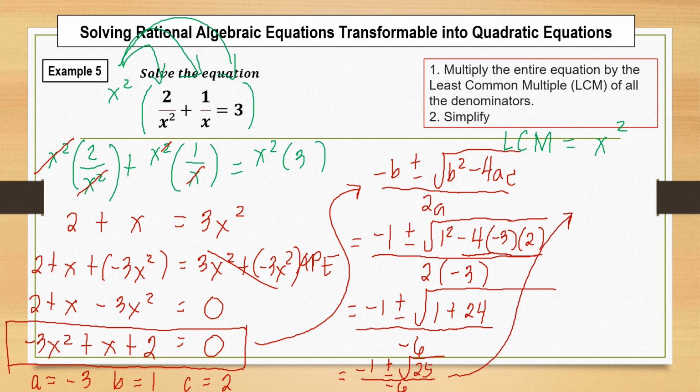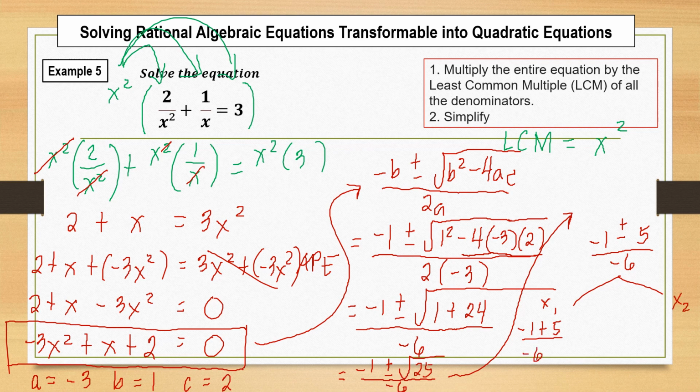What happens now is we have negative 1 plus minus the square root of 25 is 5 all over negative 6. So for our solutions, for x sub 1, we have negative 1 plus 5 all over negative 6.